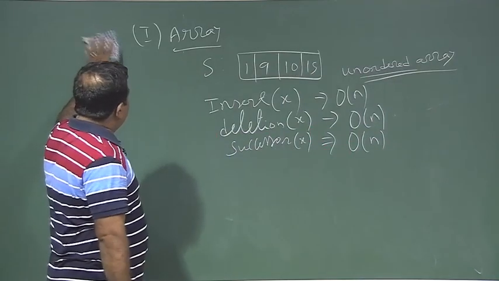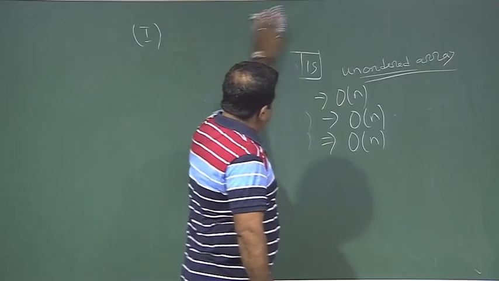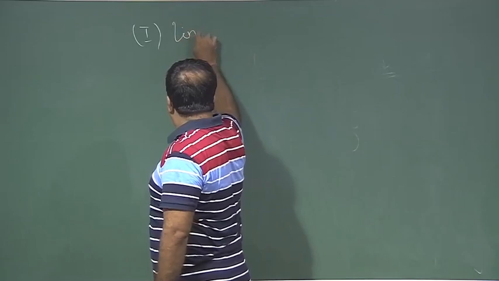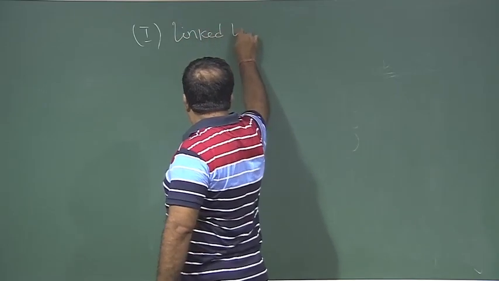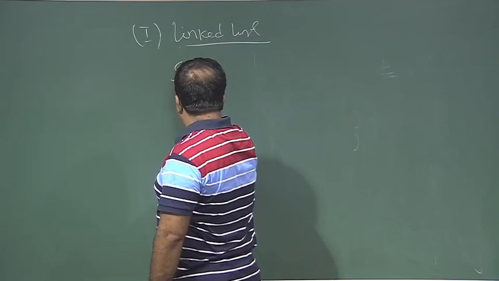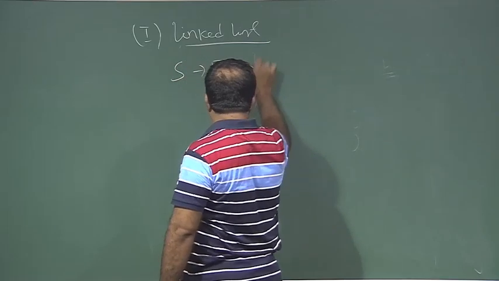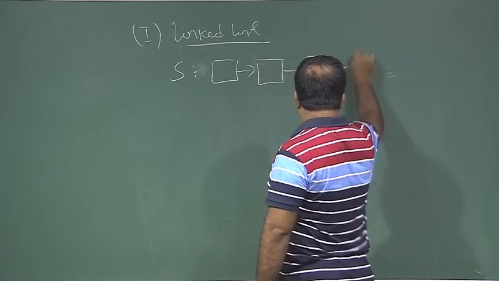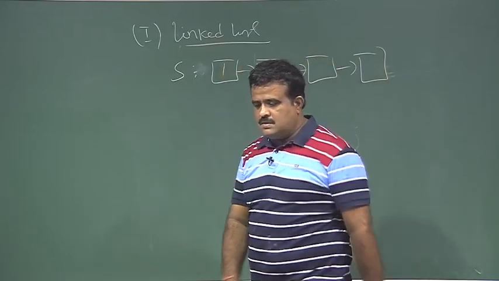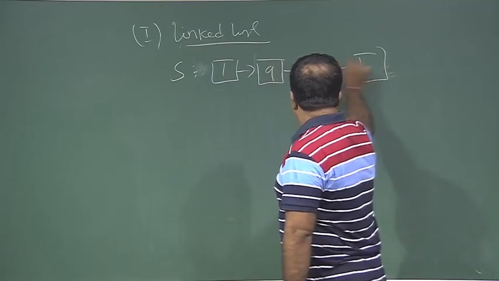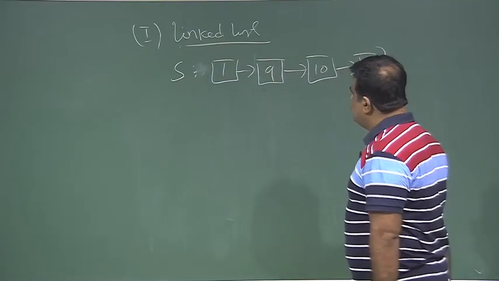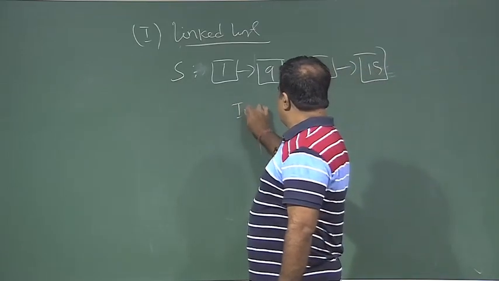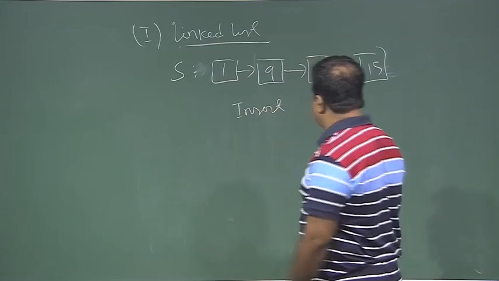So maybe we can think of a linked list, an unordered list. We have this S set, so just maintain a linked list for it: 1, 9, 10, 15. Again, if it is unordered, then insert will take time depending on how we maintain the pointer.